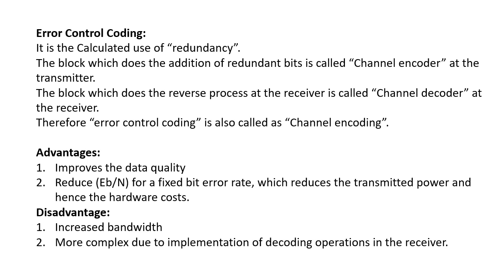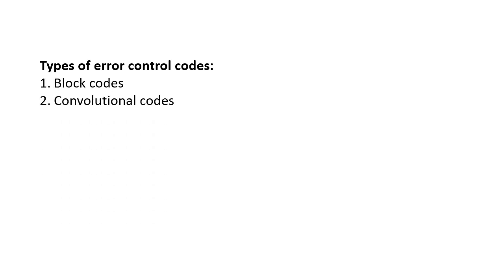Types of error control codes can be broadly classified into two categories. One is block codes, the other is convolutional codes. In block codes, we convert a k-bit message into an n-bit block code.